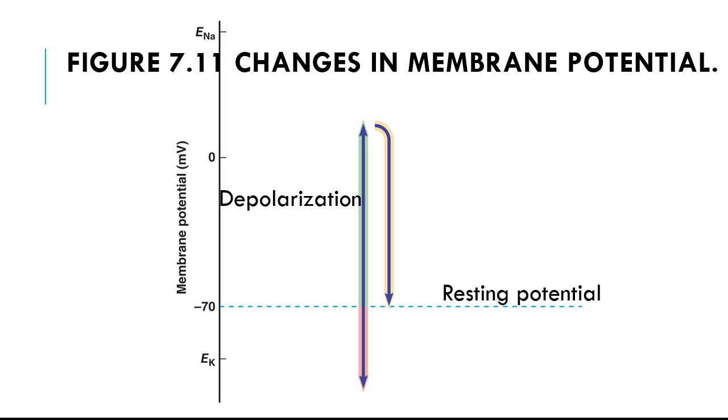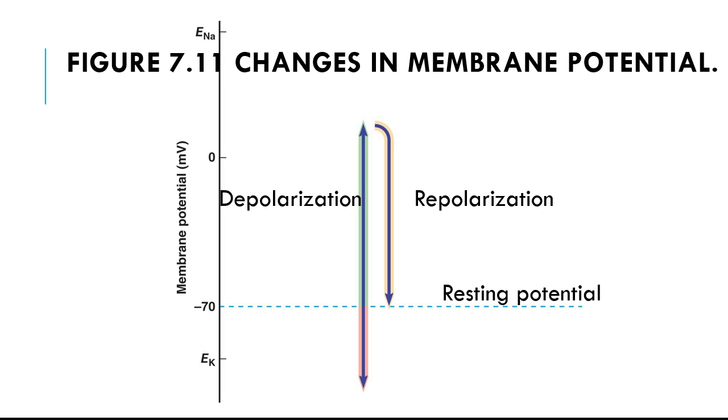Conversely, a cell may also repolarize. What happens during a repolarization? Very good. Potassium moves out of the cell. So after a phase of depolarization, if gated potassium channels open up, the cell will repolarize, trying to get back to what?